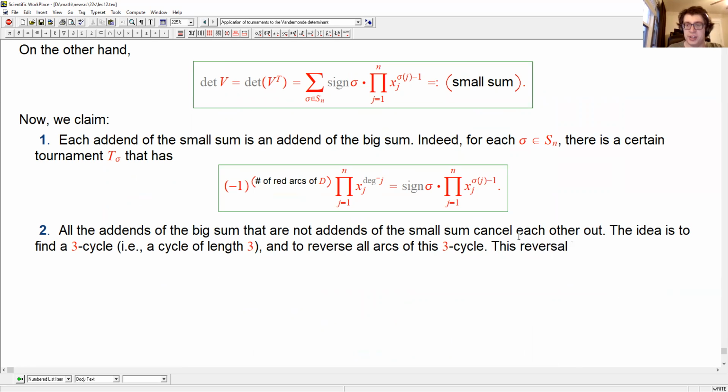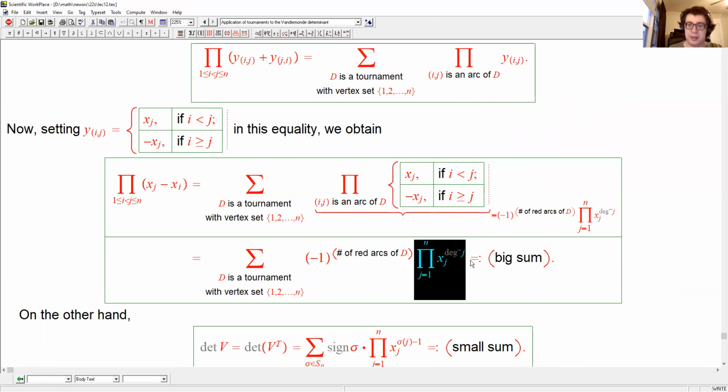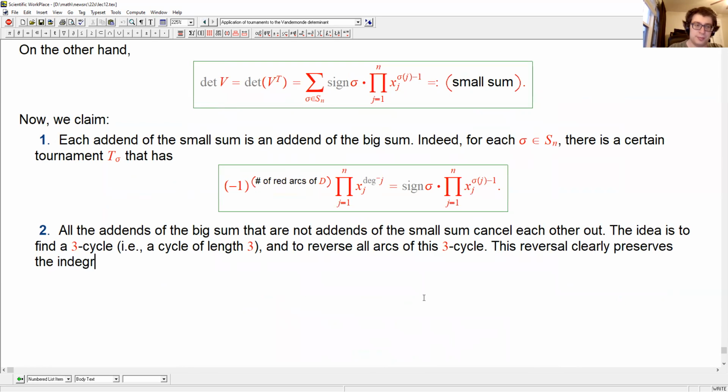This reversal clearly preserves the in-degrees, because when you reverse the order on a cycle, every vertex loses an incoming arc, but then it gains another. So the in-degree doesn't change. And it is easily seen to flip the sign.